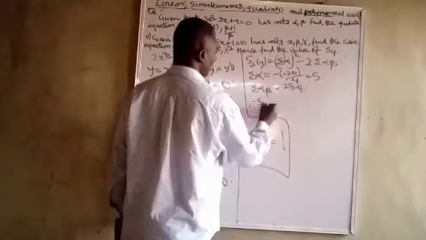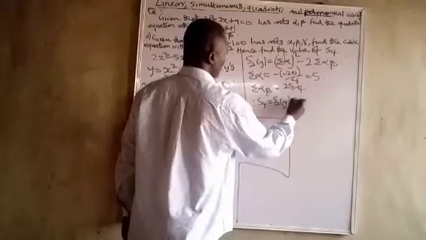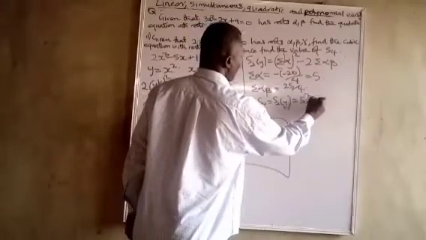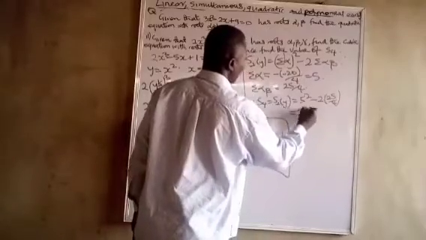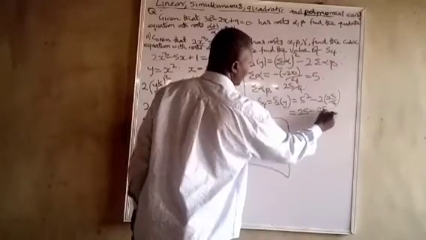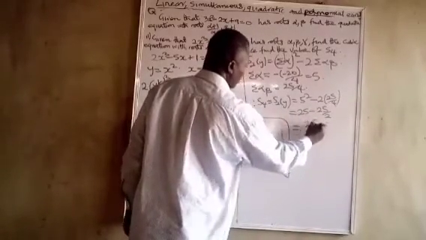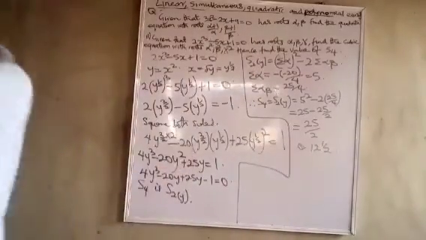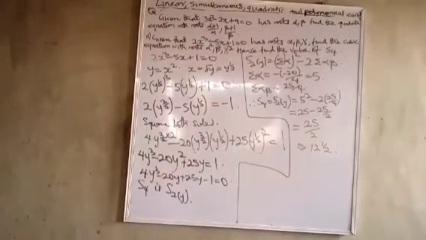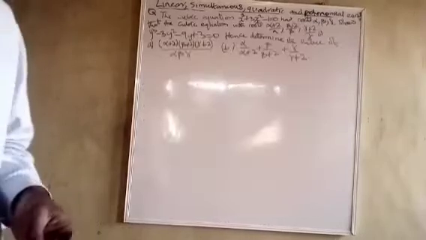Therefore, S4, which is S2y, will be equal to 5 squared minus 2 into 25 over 4, which is 25 minus 25 over 2. The answer is 25 over 2, or 12 and a half. So that's the answer. So substitution makes it very easy and fast.